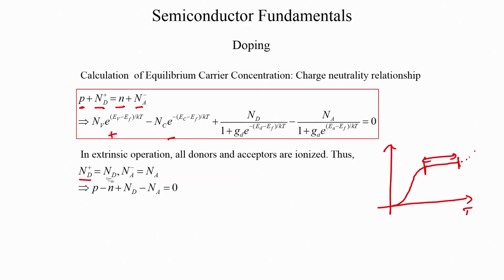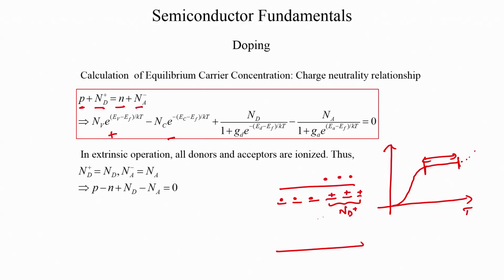So, in extrinsic operation all the donors have ionized. So, there is no ratio anymore. For example, if I were to draw the conduction band edge and the valence band edge and locate all the donor levels, initially all the electrons were here during freeze out, then as the temperature increased some of these electrons moved up and there were some ionized donors.